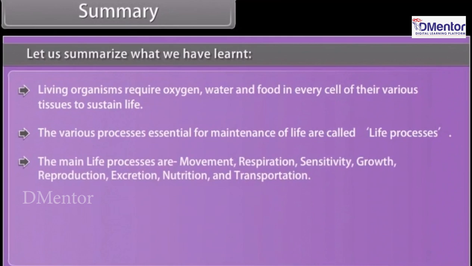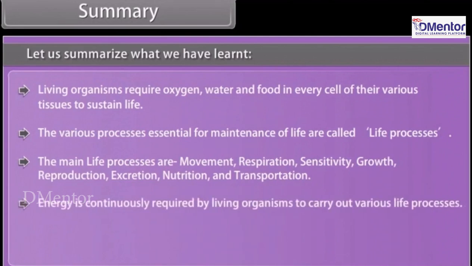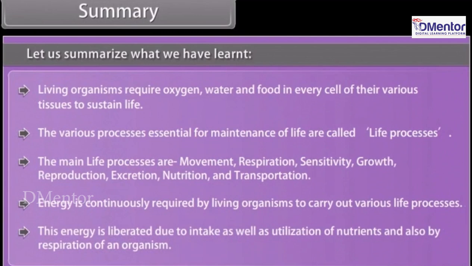The main life processes are movement, respiration, sensitivity, growth, reproduction, excretion, nutrition, and transportation. Energy is continuously required by living organisms to carry out various life processes. This energy is liberated due to intake as well as the utilization of nutrients and also by respiration of an organism.